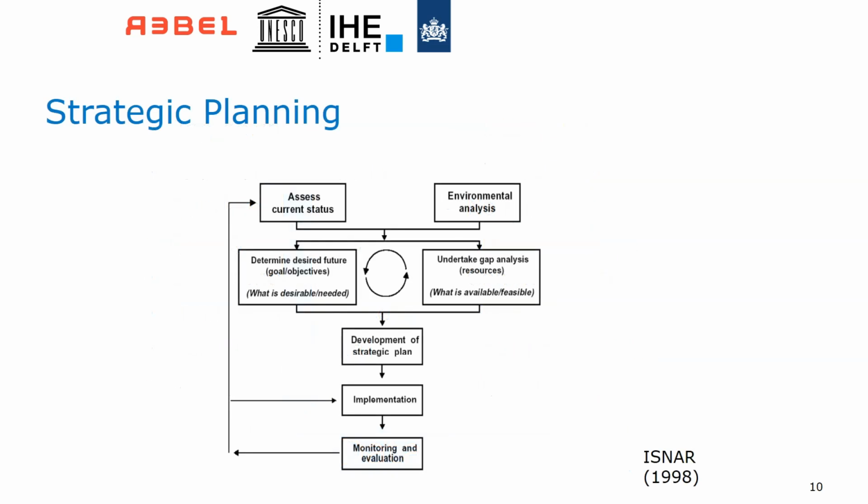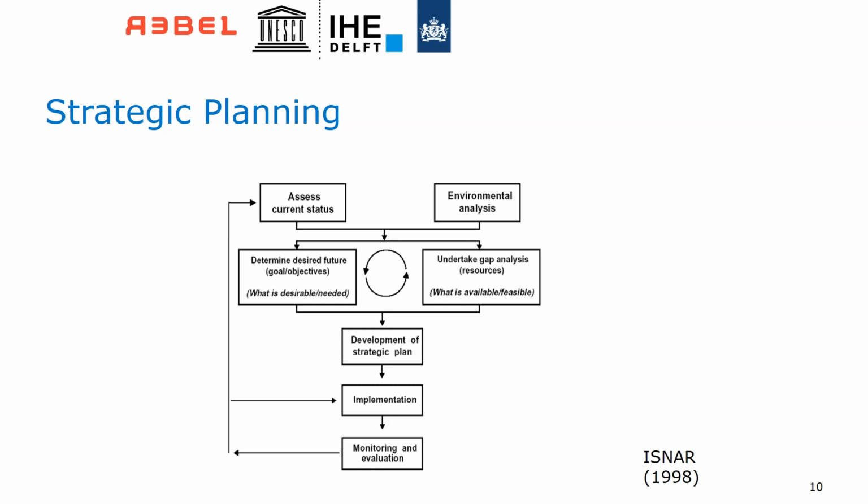A good approach to set up an SDI is to start with strategic planning. First, you need to assess the current status of data availability in a country, region, or organization. You also need to do an environmental analysis, which means looking at how the data is used, who the stakeholders are, and what laws and regulations exist.